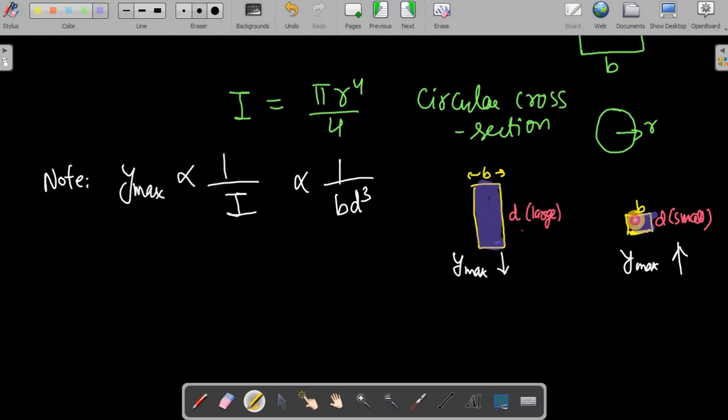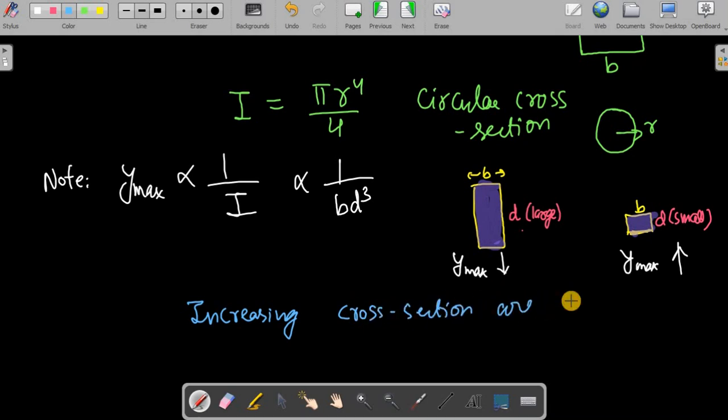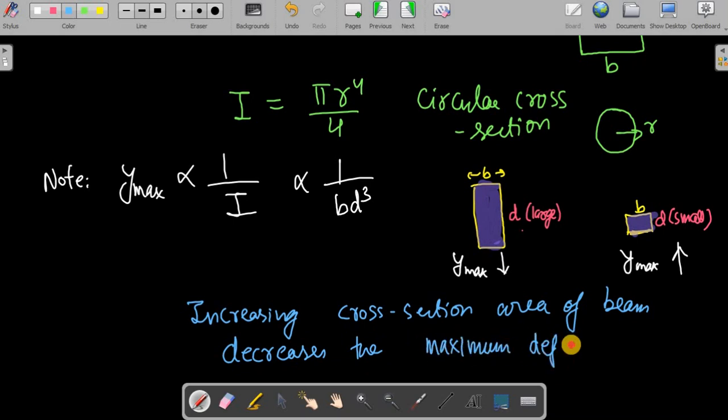In one sense, if you increase the area of cross section of the beam, it decreases the deflection, the maximum deflection, or in general the deflection of the beam.